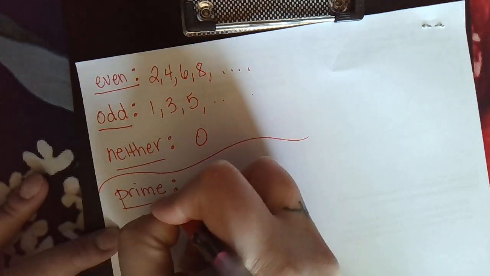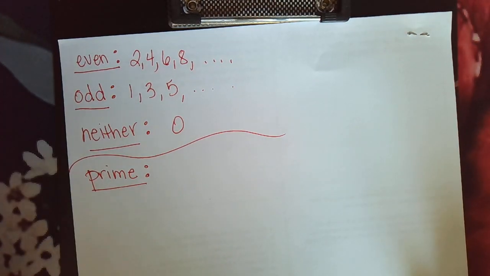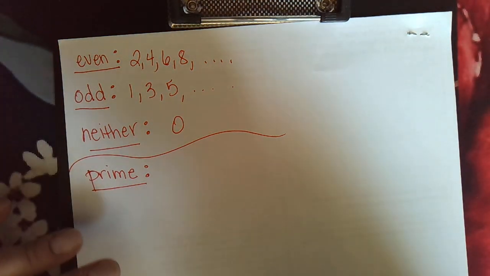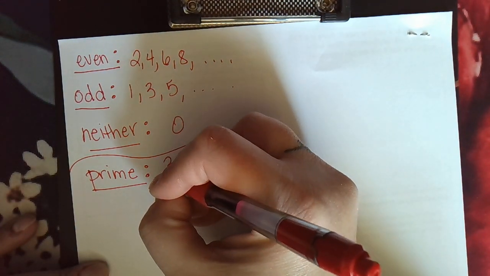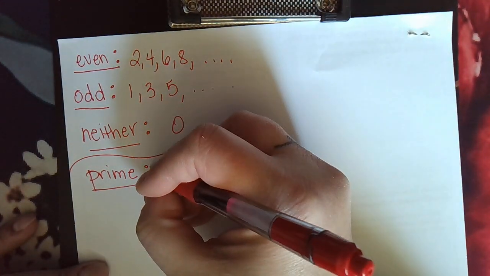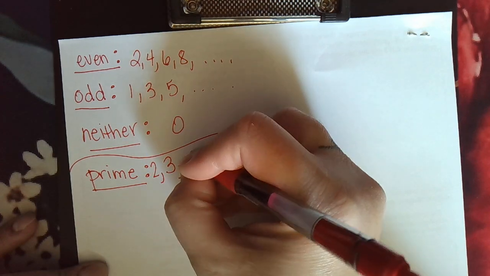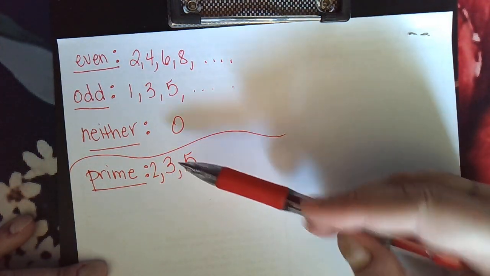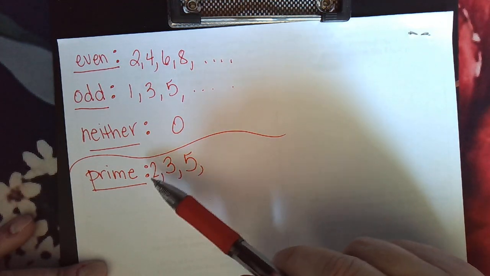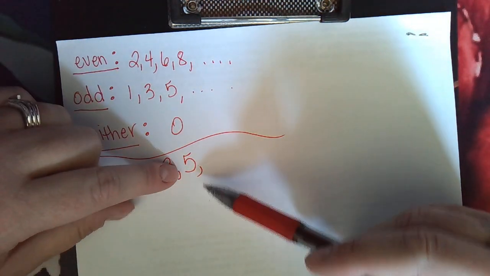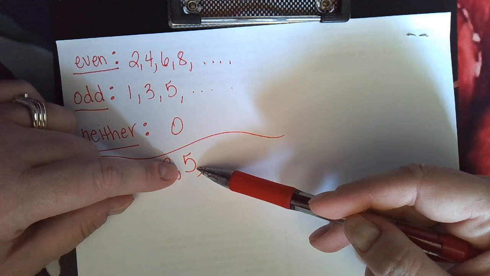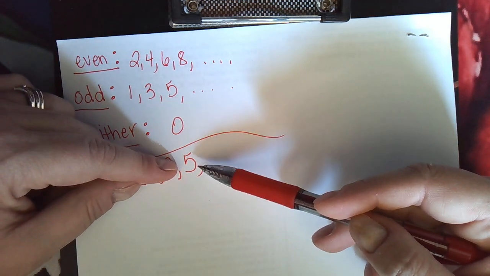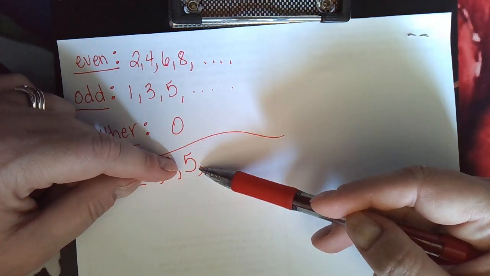Now let's talk about prime. Prime means only the number itself and 1 can divide into it. So the number 3, the number 2, and the number 5 are all prime because nothing can divide into these except 1 and itself. Like 5, the only things that divide into 5 are 5 and 1.